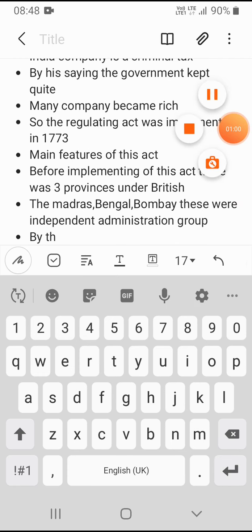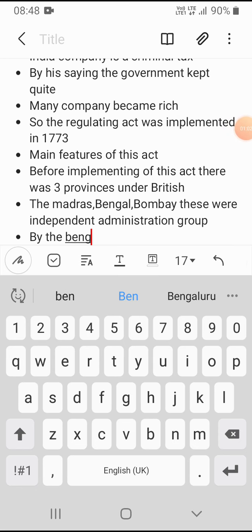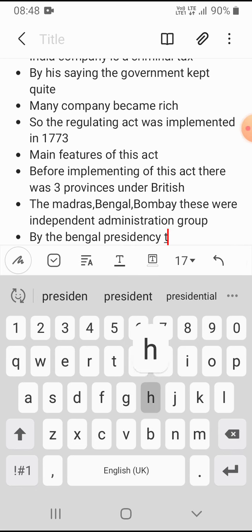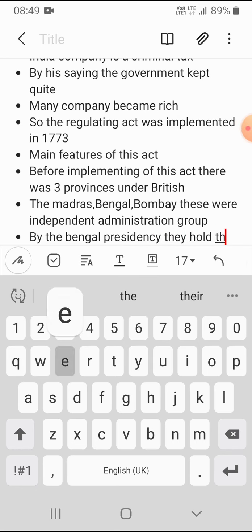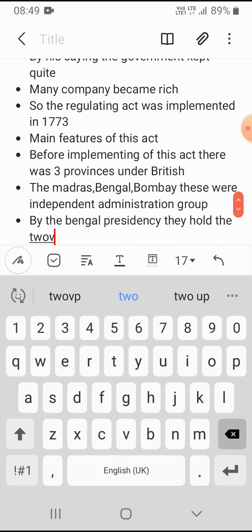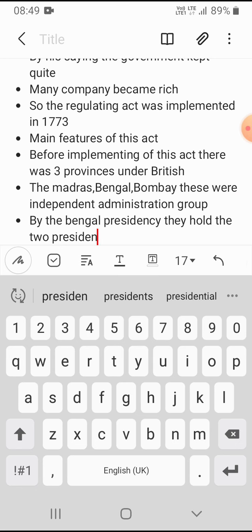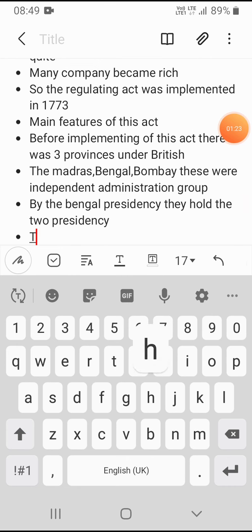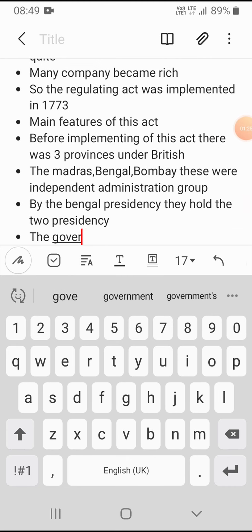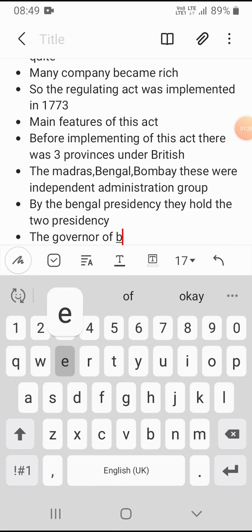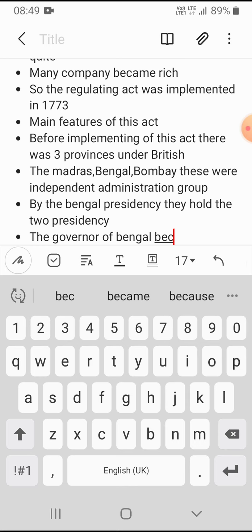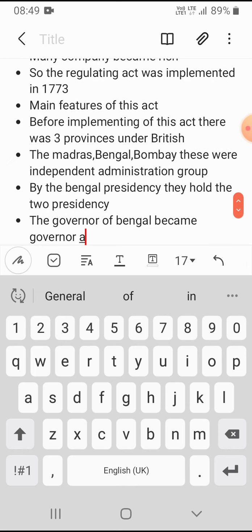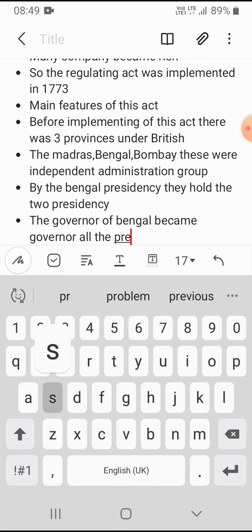The Bengal presidency held authority over the other two presidencies, Madras and Bombay. And the governor of Bengal became governor of all three presidencies.